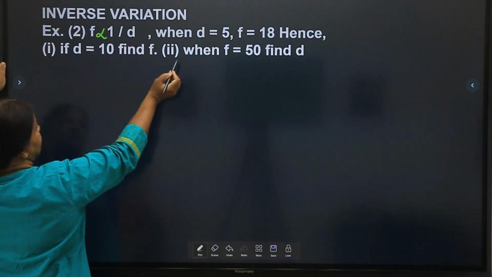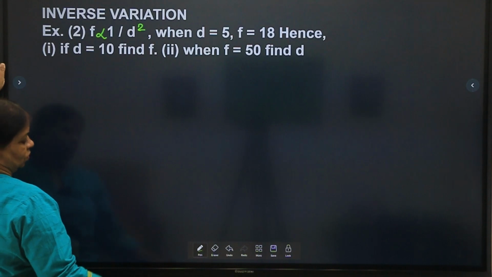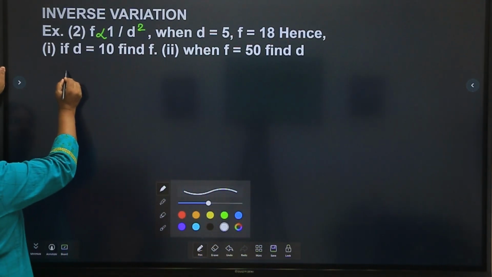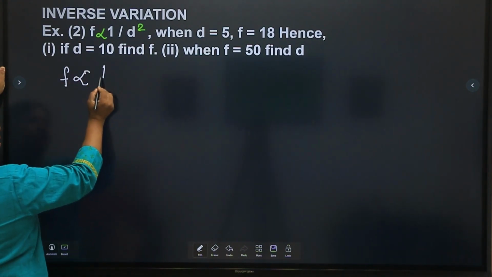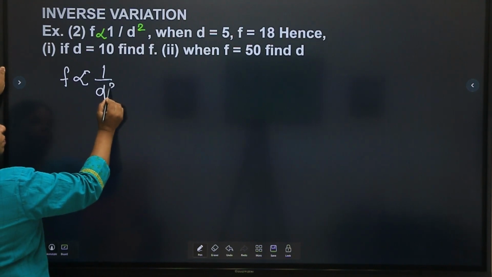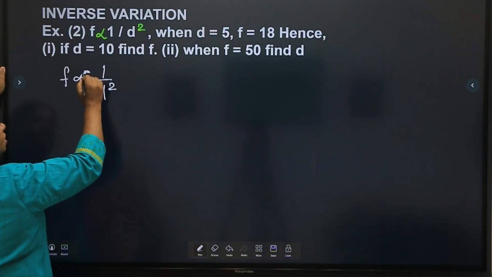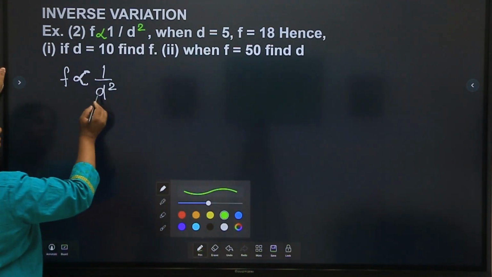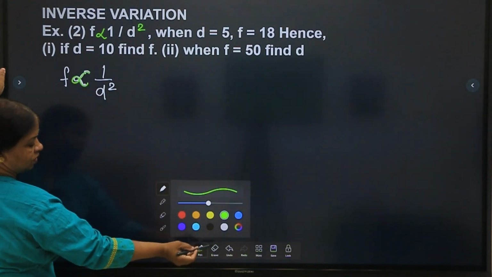F varies inversely to 1 upon D square. Okay, so let us see. If F varies inversely to 1 upon D square, once we get inverse variation, immediately we have to solve. First try to convert this inverse sign into equal.